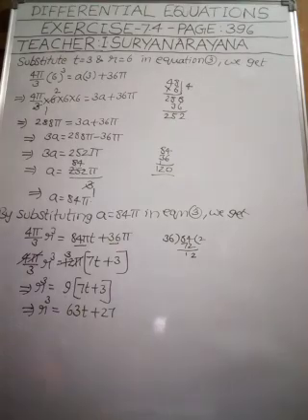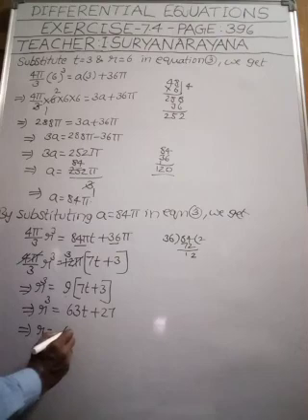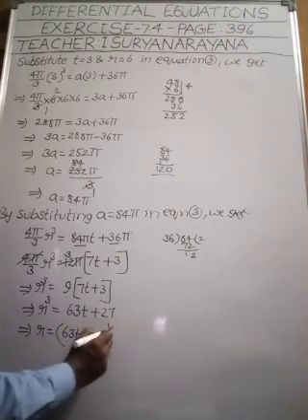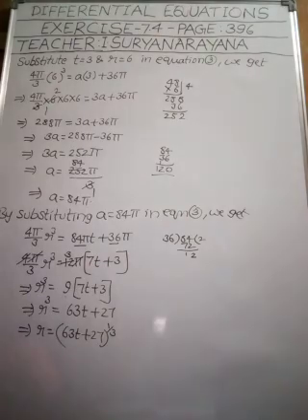Understood this term, my children? This implies r is equal to (63t plus 27) whole power 1 by 3. This is the value of r in terms of t. At t seconds, the radius of the balloon is (63t plus 27) whole power 1 by 3. Understood?